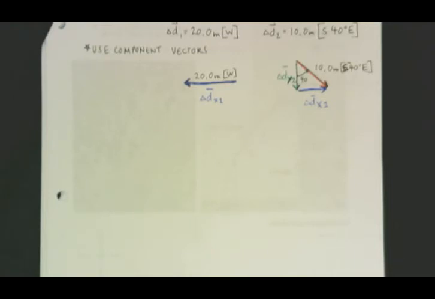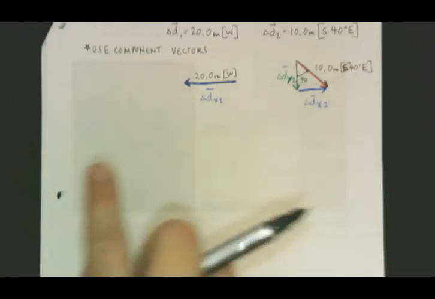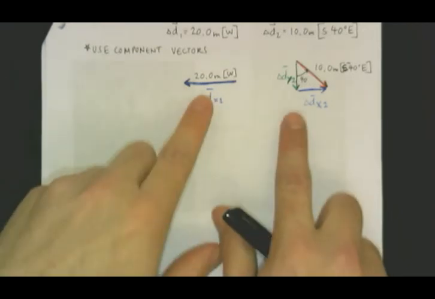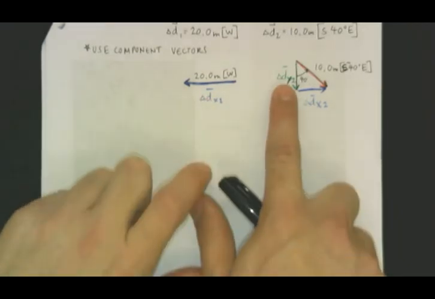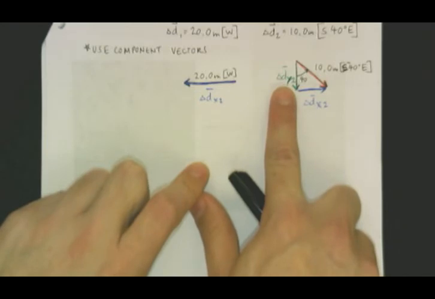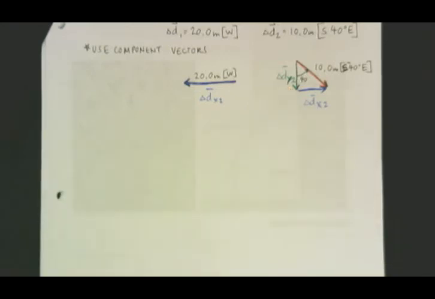Okay? So if I want to find the total displacement of these two vectors, what I have to do is add up all the x's, then add up all the y's, and see what I get. So let's do the first step. Let's add up all of the x components.